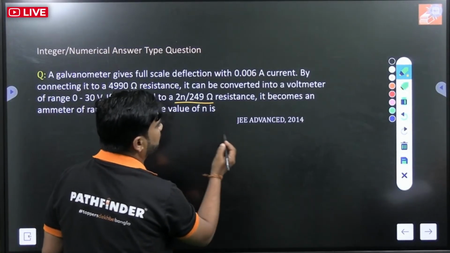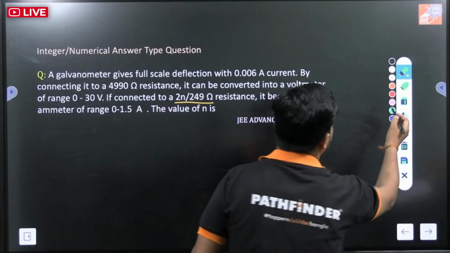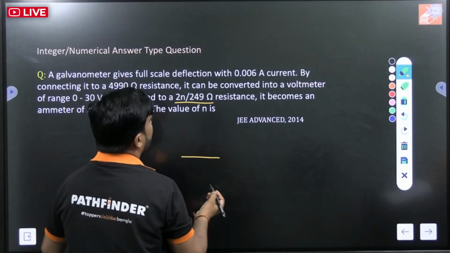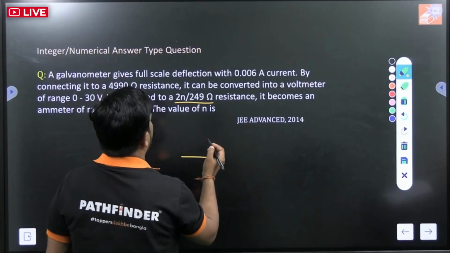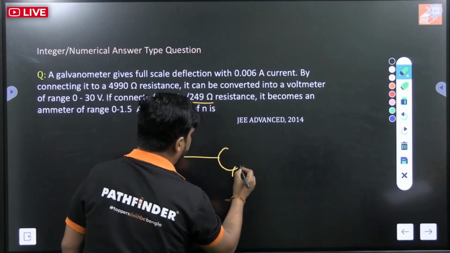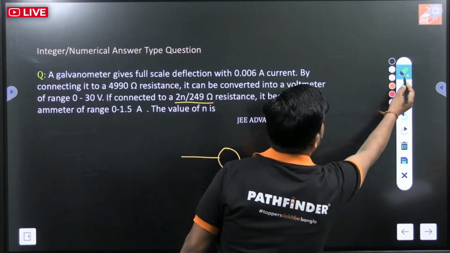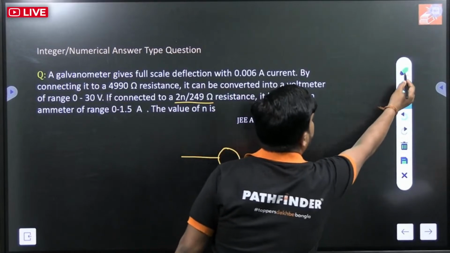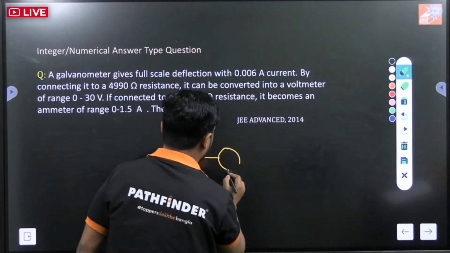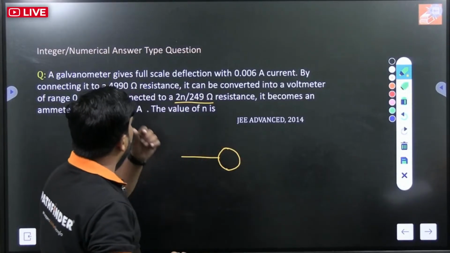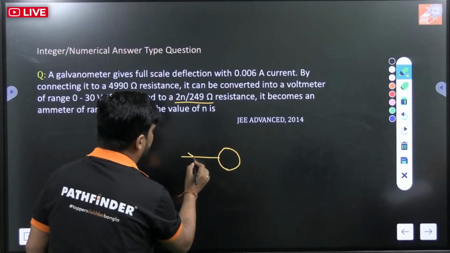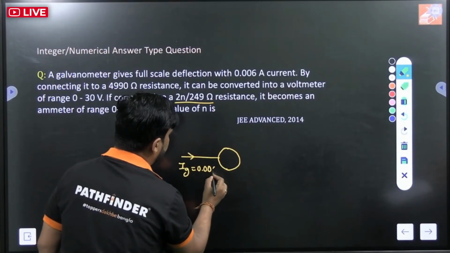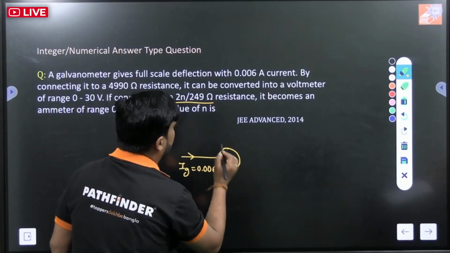So let's draw the galvanometer first. It is giving a full scale deflection with 0.006 ampere. So Ig is 0.006 ampere, and this is the galvanometer.